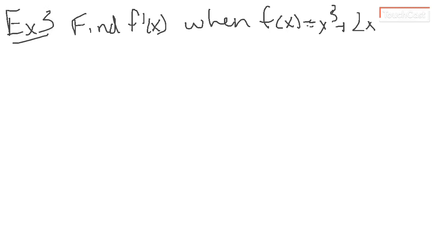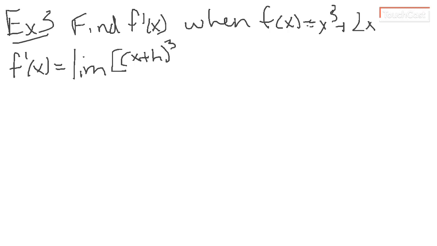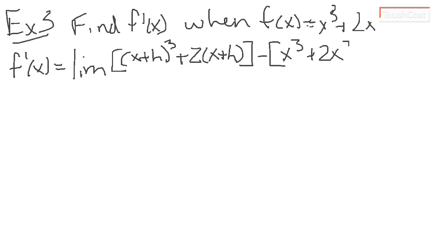So f prime of x is equal to the limit of f of x plus h. Wherever we have an x, we put an x plus h in for it. So x plus h quantity cubed plus 2 times x plus h, minus f of x, so minus x cubed plus 2x. We're going to put all of that over h, and we're going to let h go to 0.